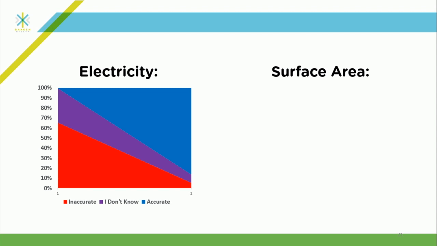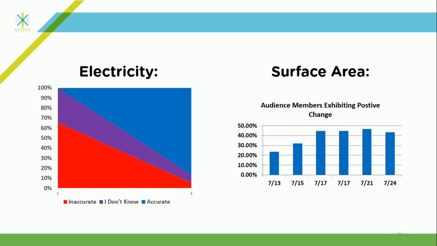By the end, nearly 90% of our students were able to get it accurate. And that was a shift from a good chunk of I don't knows and then a whole lot of wrong answers. To get from essentially 0% or 1% accurate to nearly 90% accurate was pretty exciting for us in that case. It showed both that this was a topic we should be teaching because people didn't know about it, and that our experiment and the methods we had them working on were very successful.